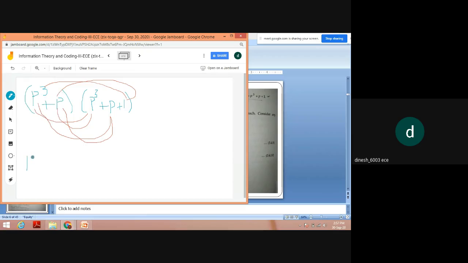P3 into P3 is P power 6, plus P3 into P is P power 4, plus P into P3, which is P power 4, plus P into P, P power 2, plus next, we have with 1, so P3 plus P. So what do we get?